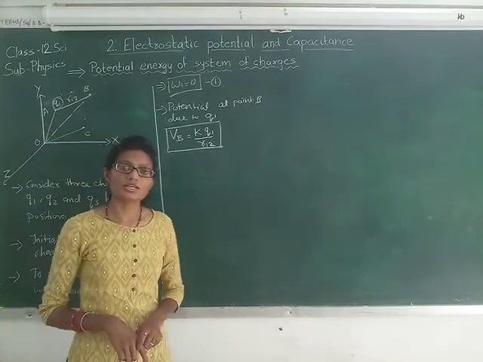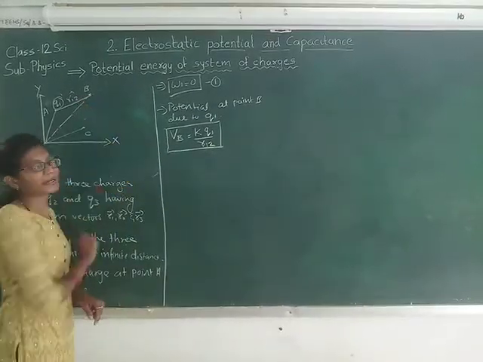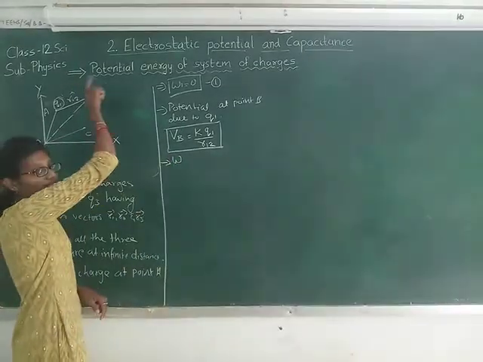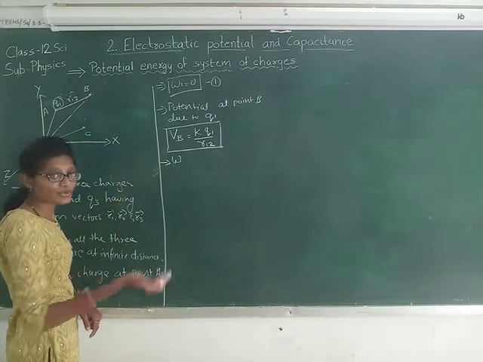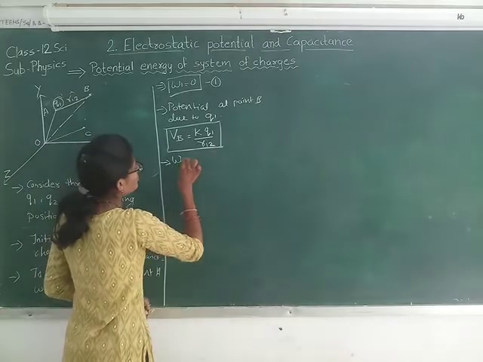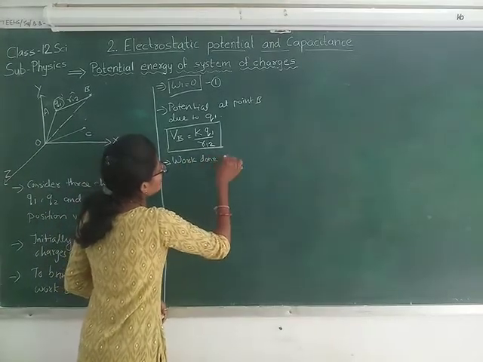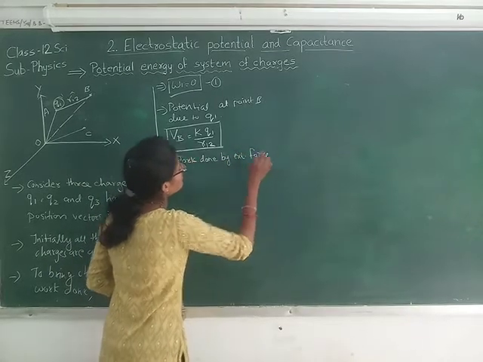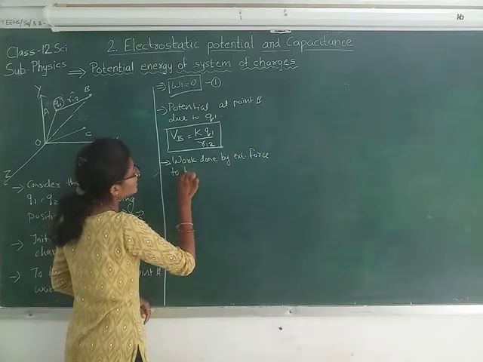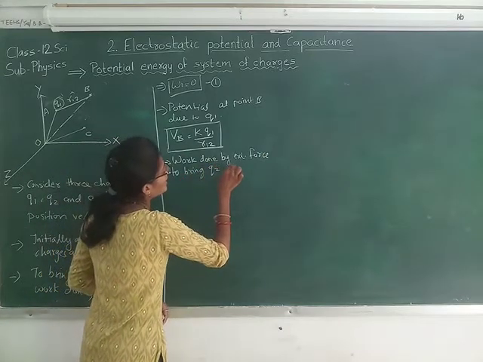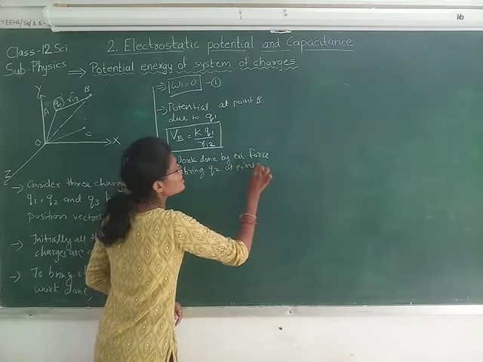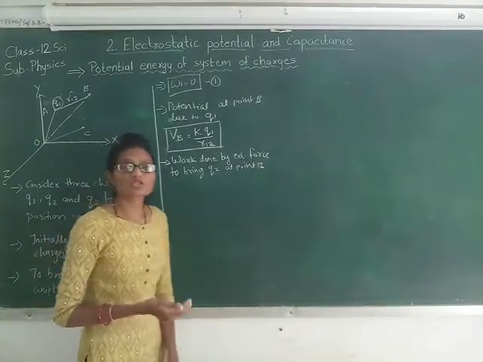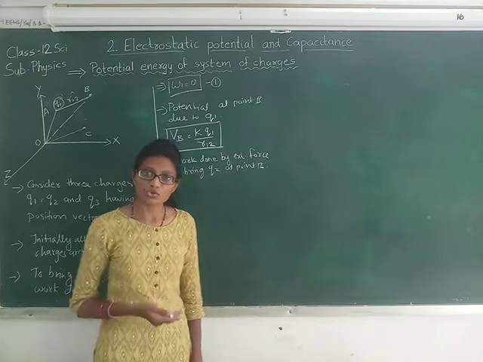Now we need to bring the charge Q2 to this point B. So work is to be done, right? Because an electric field is already generated by this Q1 charge. So an external force is to be applied. So what is the work done by that external force against the electric field to bring Q2 to point B? That is equal to the general formula, W equals QV.